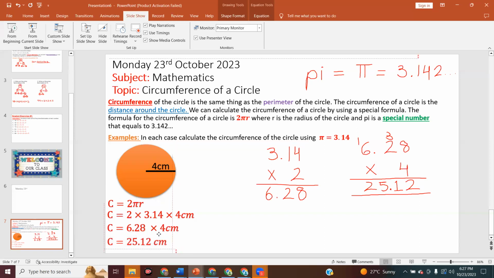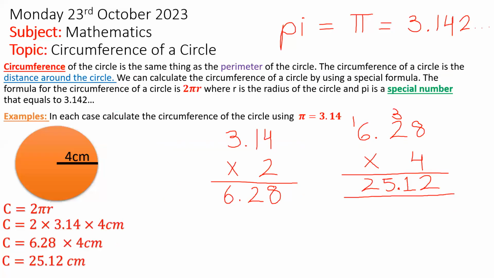All right. Good. Chardonnay, can you explain how I got 25.12 centimeters, please? First, we found the circumference by multiplying 3.14 times 2, and then we got 6.28.